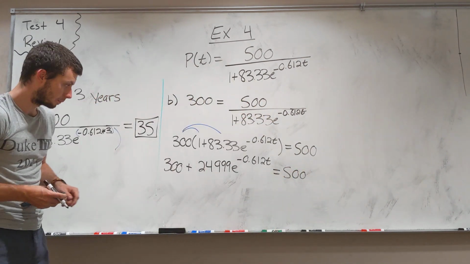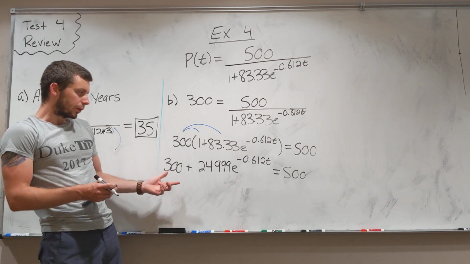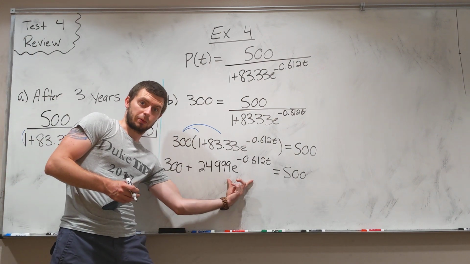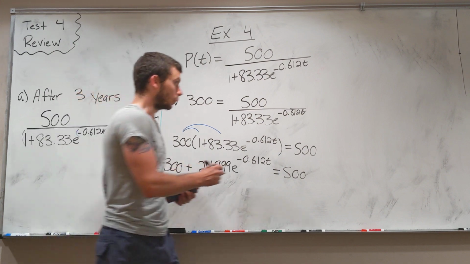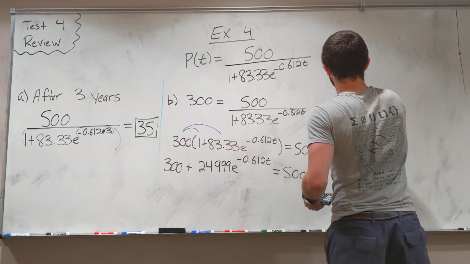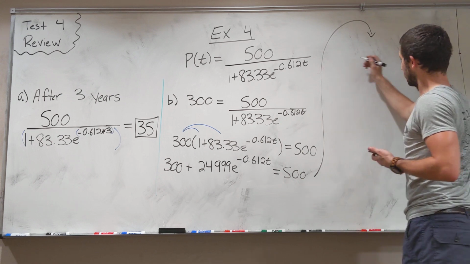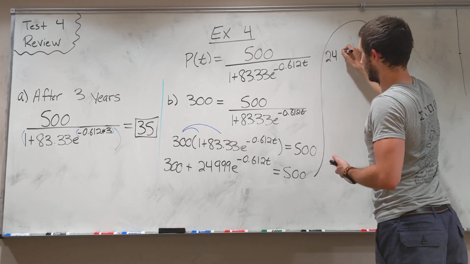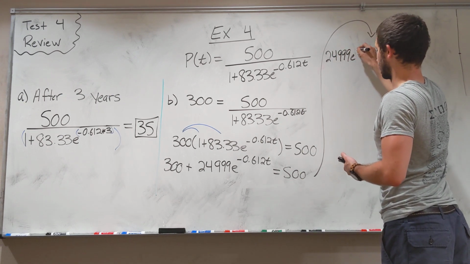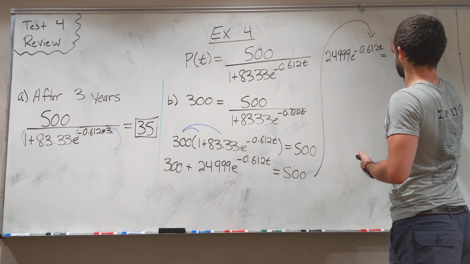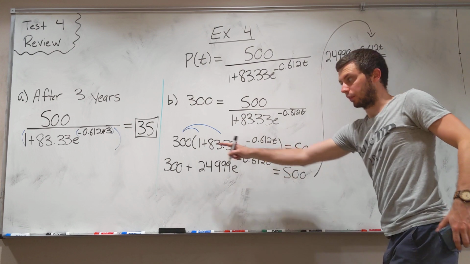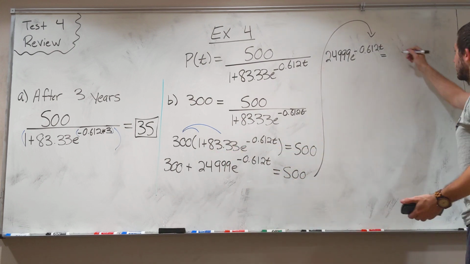So now we get here. And from here, we need to get the exponential part by itself, so we subtract 300 on both sides. We'll go ahead and move that all the way up here. So upon making that subtraction, it's simply just 500 minus 300, that's 200.